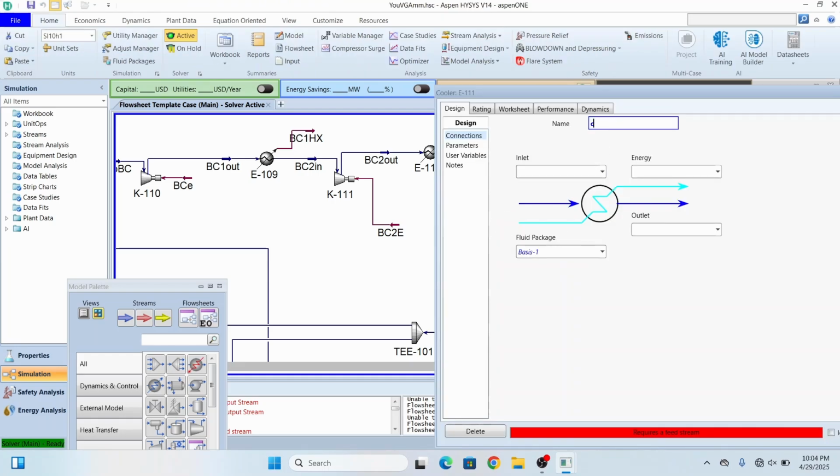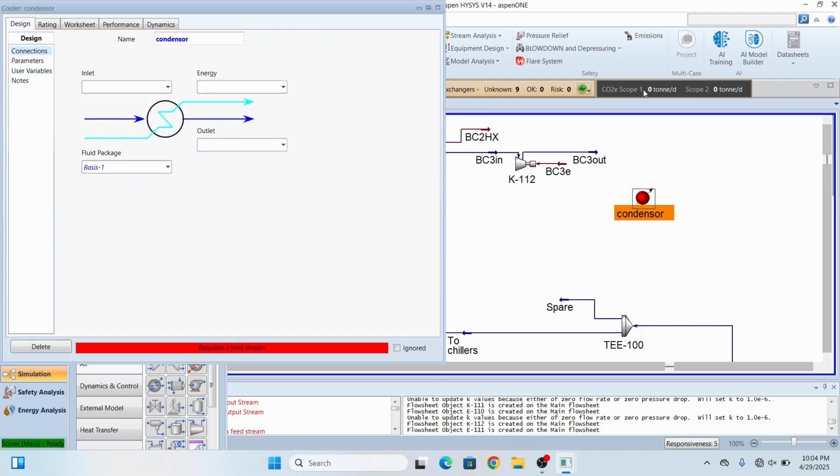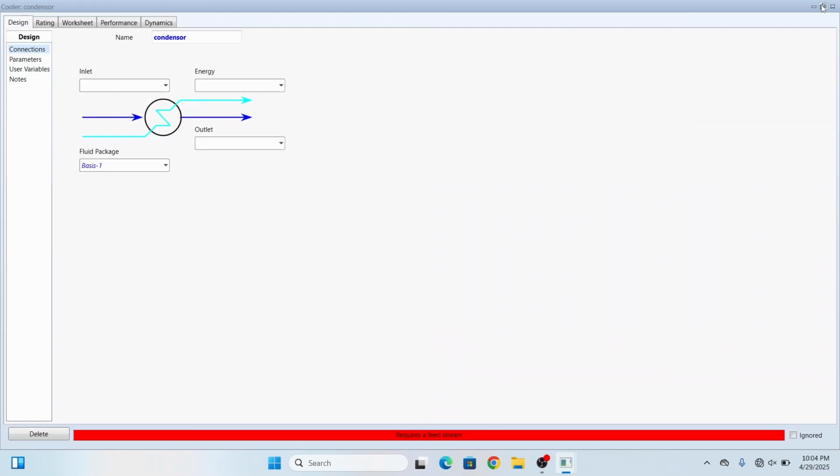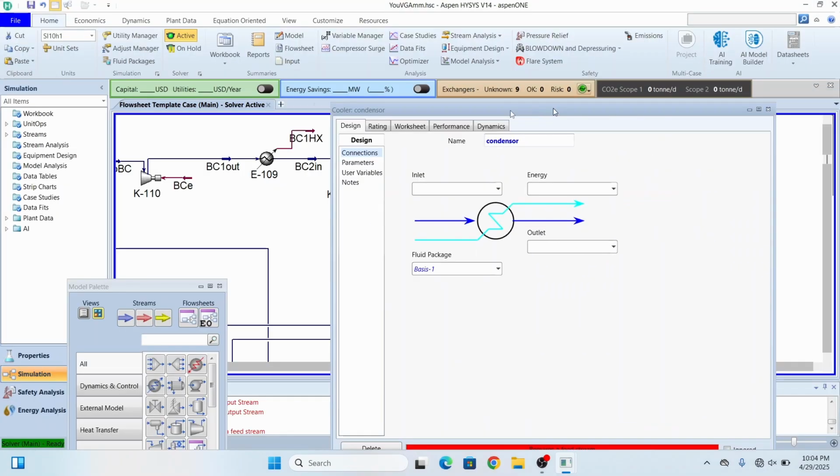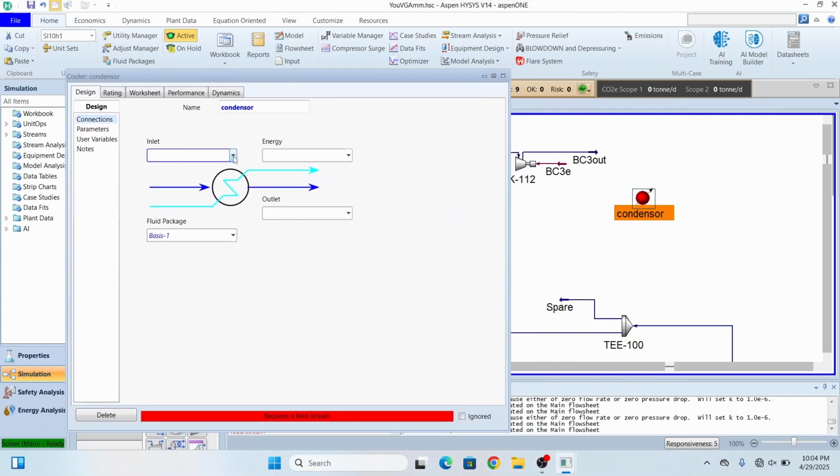So you can write here condenser, and after this condenser I will be recycling my vapors back to the ammonia liquid drum. So my inlet will be B3 out, and the outlet recycle liquid ammonia.